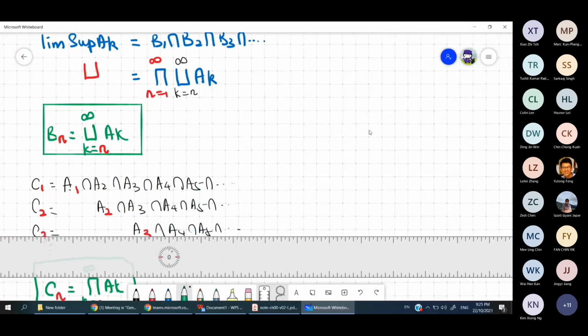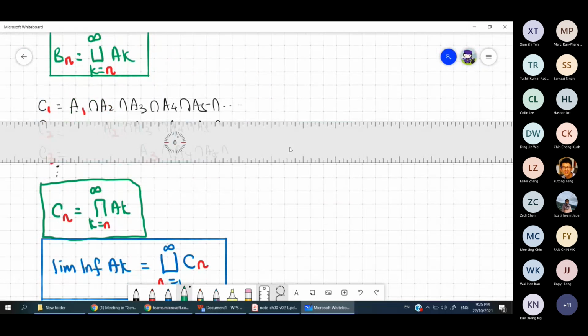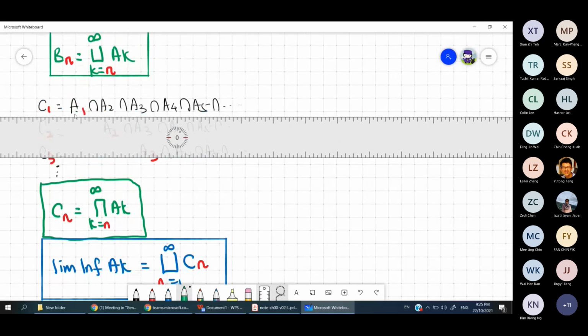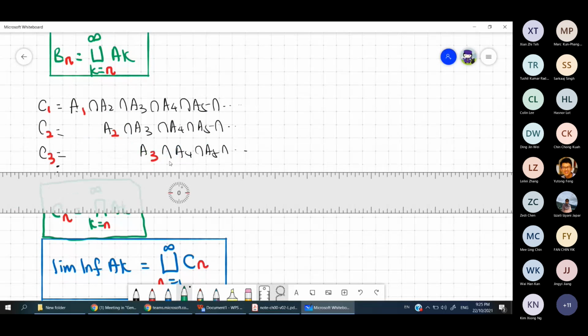Similarly, to compute the limit infimum, we begin by calculating C1. We take the intersection of all the A beginning with A1, then the intersection of all the A beginning with A2, then the intersection of all the A beginning with A3, and so on.